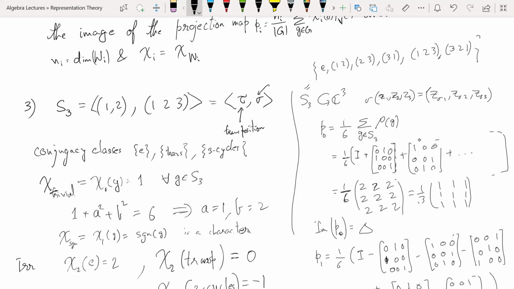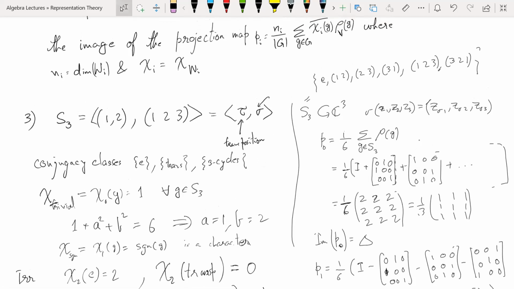The subspace generated by E1 plus E2 plus E3, if E1, E2, E3 is the standard basis of C^3, which is the diagonal. So does this computation make sense? The image of P0 is precisely the diagonal. And P0 is this matrix.